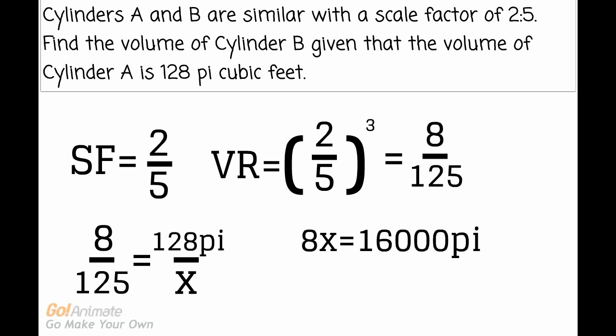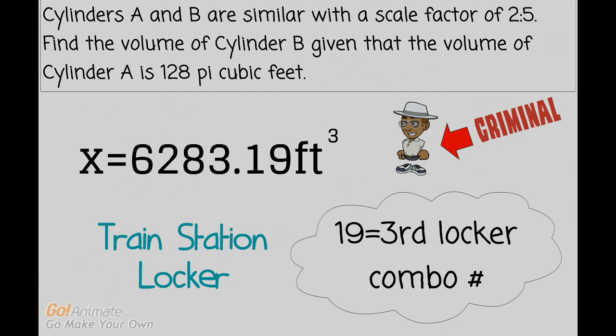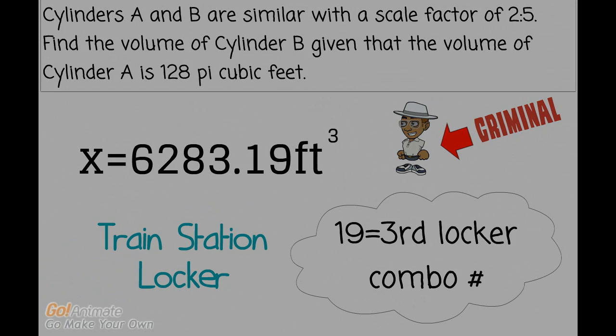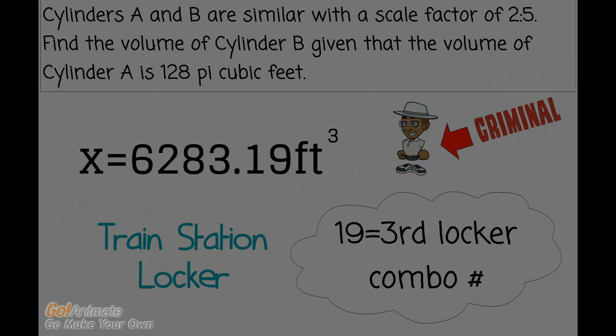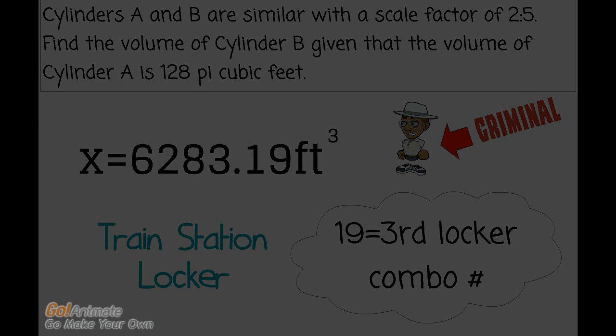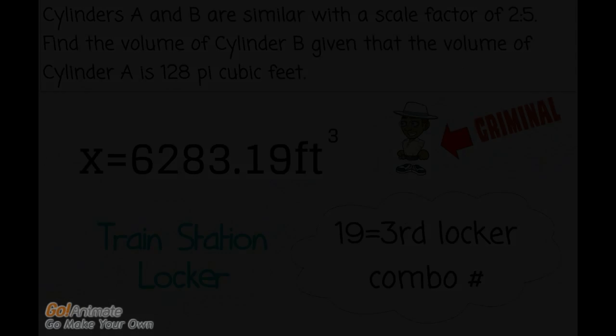Now, we need to make a proportion of 8 over 125 equals 128 pi over x. Then, you cross multiply and get 8x equals 16,000 pi. Divide both sides by 8 and you get about 6,283.19. That is all the clues we need. Now, it is time to find the guitar and catch the thief. We know who he looks like and where the guitar is located. Let's go.